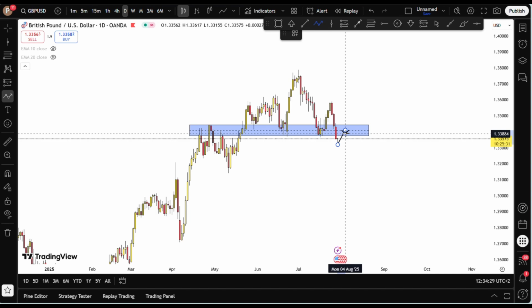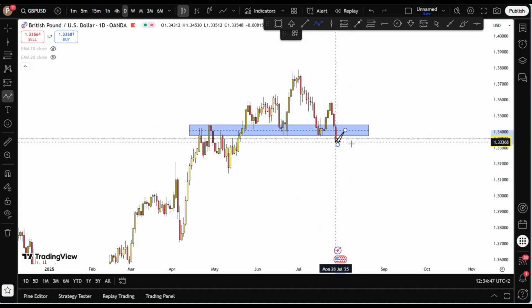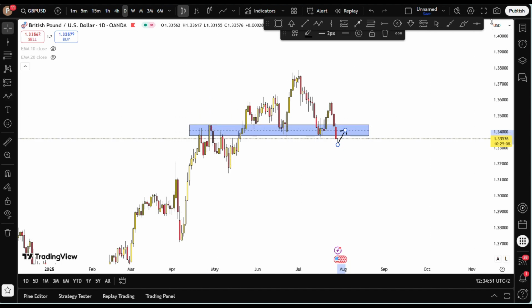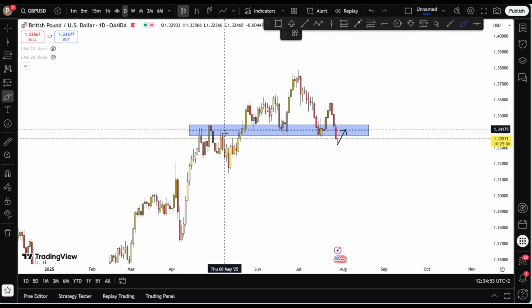First of all, can I also mention that if a support zone is broken, it is now called a resistance. That's how support and resistance works. If the support is broken, it turns into resistance. If resistance is broken, it turns into a support level. Okay, let's move on. So as I was saying, it broke the zones.